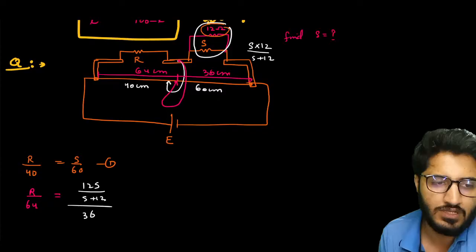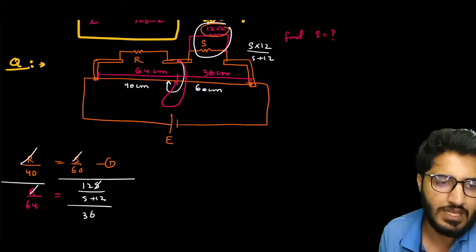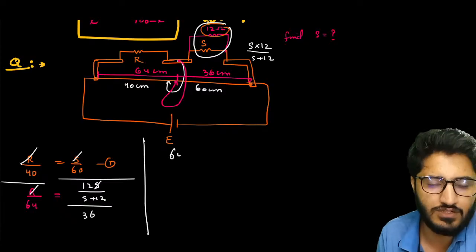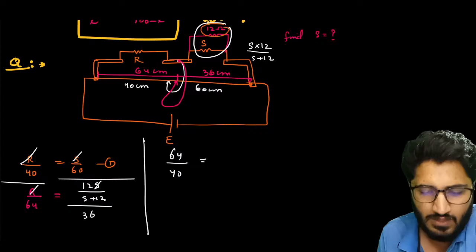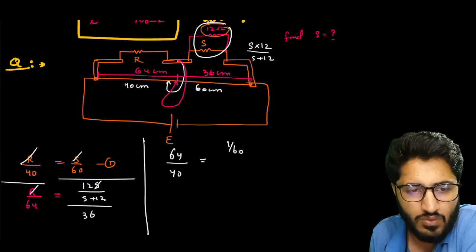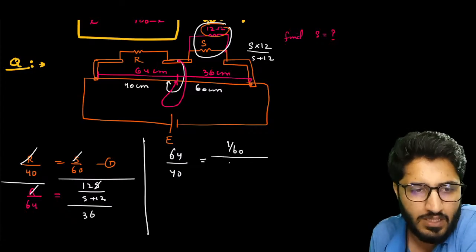Now divide these two equations. S cancels out, R cancels out. So we have 64 divided by 40 equals 1 by 60 whole divided by 12 by (S plus 12) divided by 36.